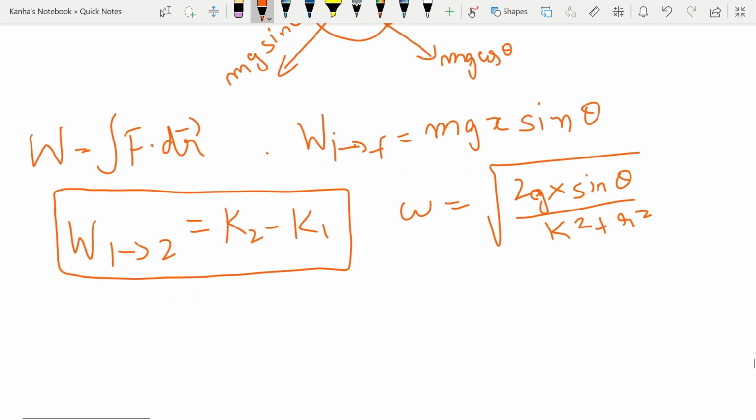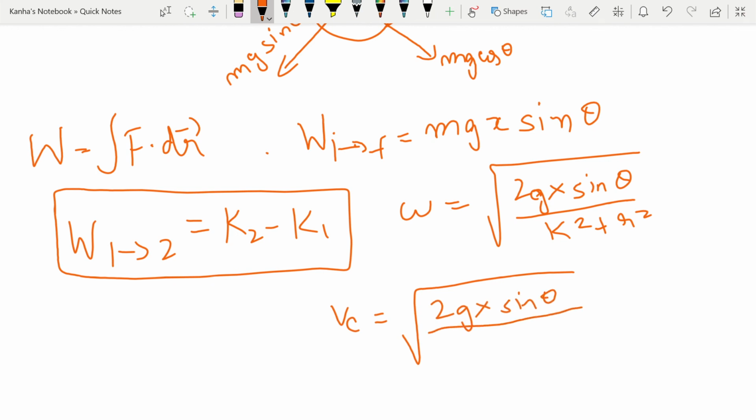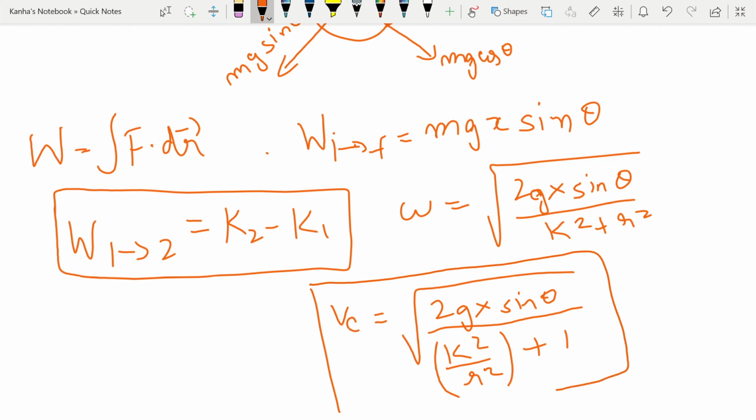So I can easily get Vc as root over 2gx sin theta by (k square by r square plus 1).